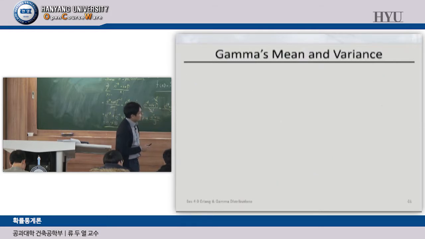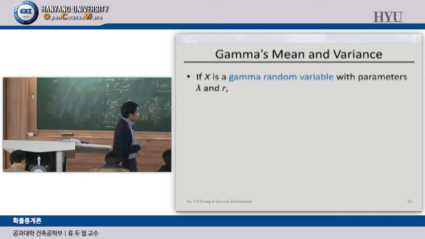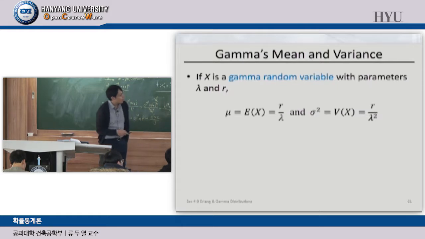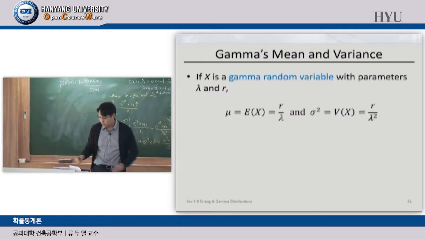So the gamma's mean and variance: if x is a gamma random variable with parameters lambda and r, the mu is equal to r over lambda, and the sigma square, which is the variance, is equal to r over lambda square.